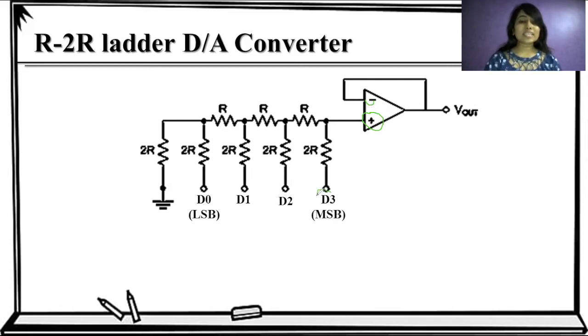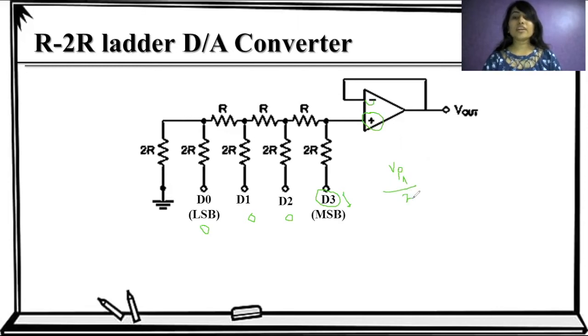So for D3, if D3 is equal to 1 and the remaining bits are 0, then we have an equation over here. That means whatever input voltage is given, divide by 2.